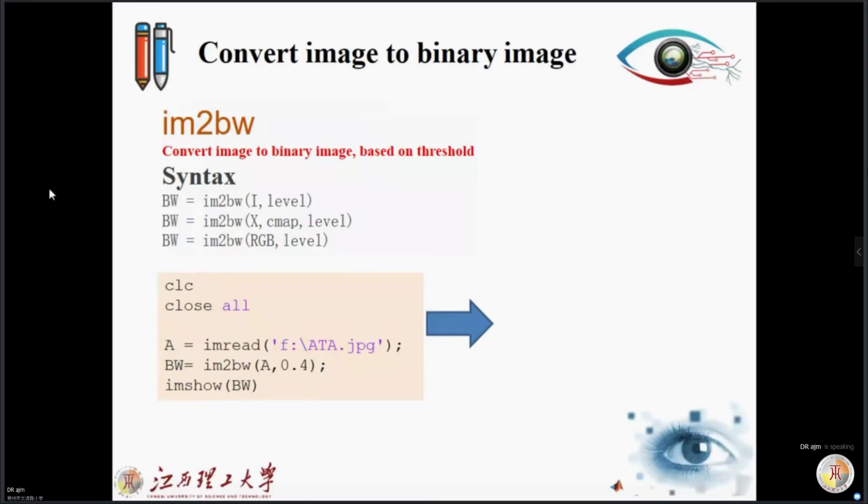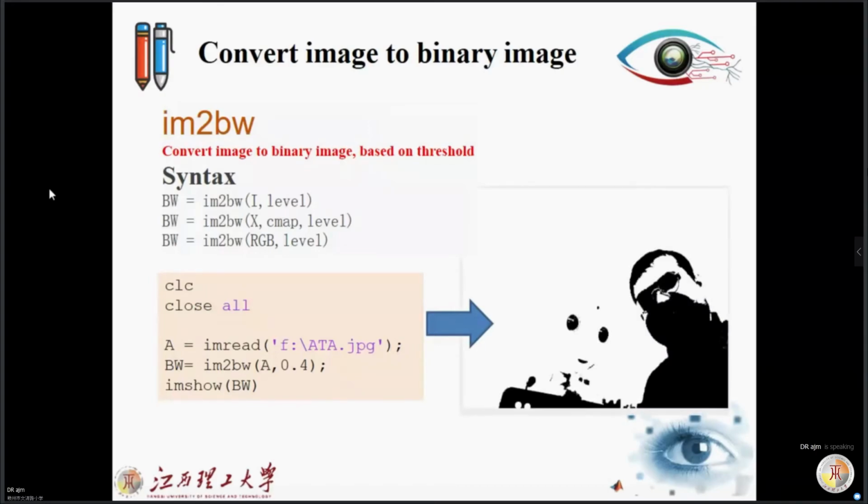The syntax is im2bw(I, level). The same job I have done for the figure that we have: im2bw(A, 0.4), where 0.4 is the level of the binary, and the result is shown here. You will see that the background is removed compared to the original image, and the object becomes more highlighted in this figure, so maybe this can help us detect some specific part in our image.